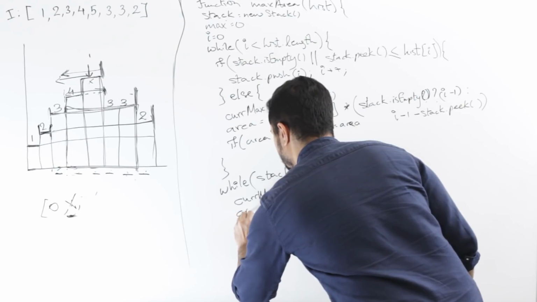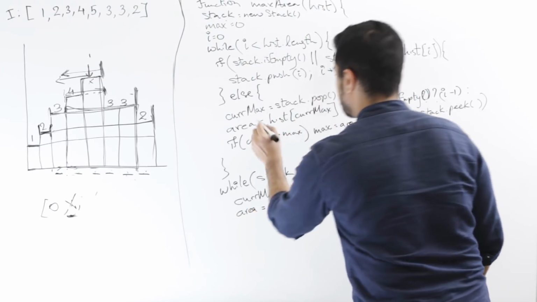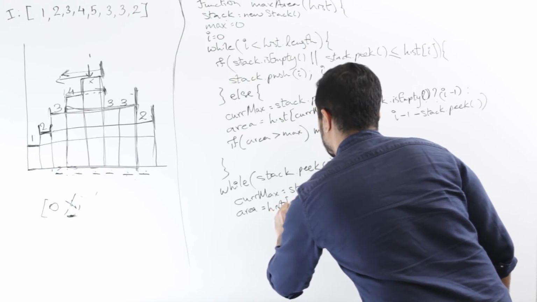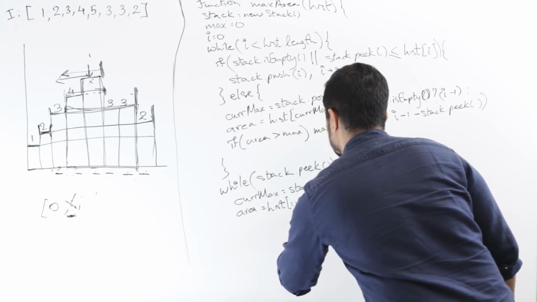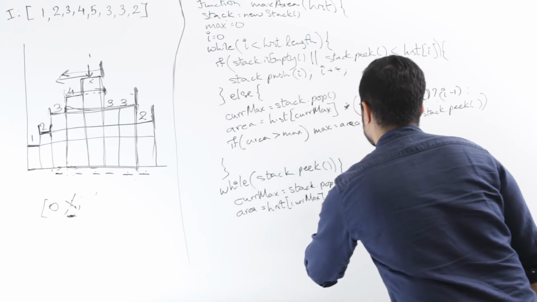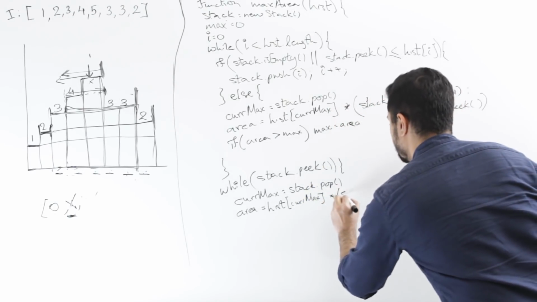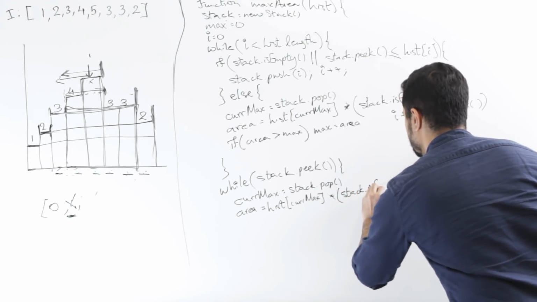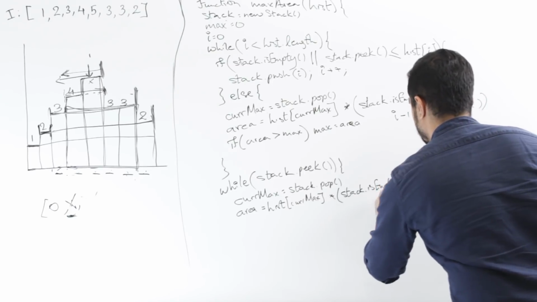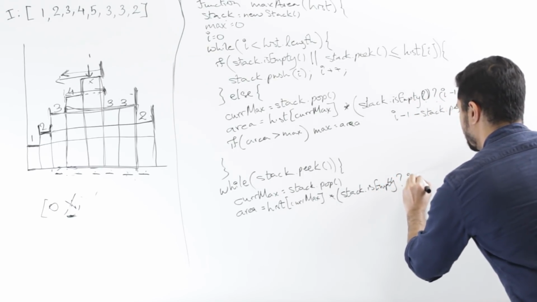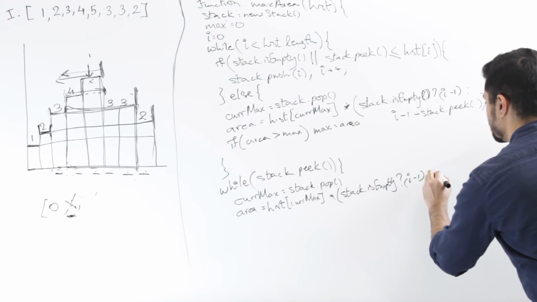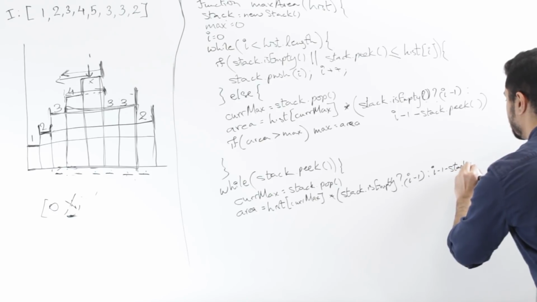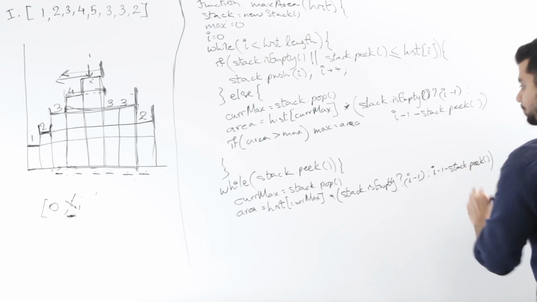We'll say area equals the same computation, hist cur max times the ternary operator stack dot is empty, I minus 1 else I minus 1 minus stack dot peek, right?